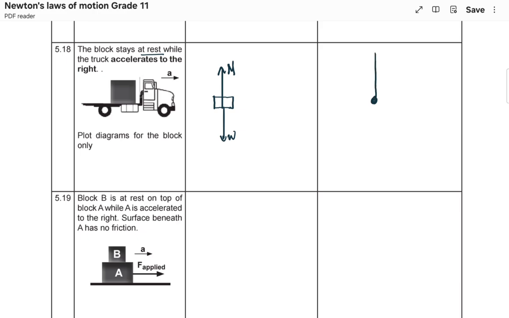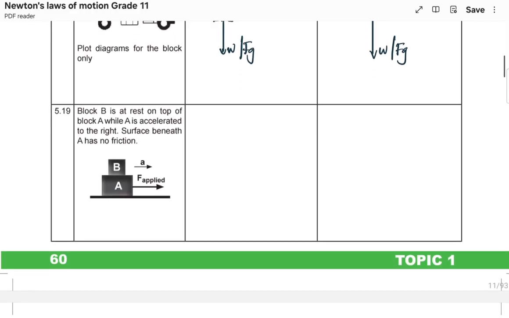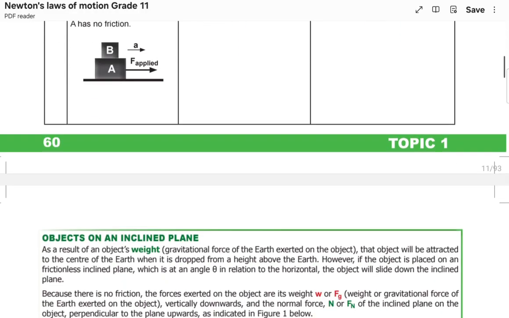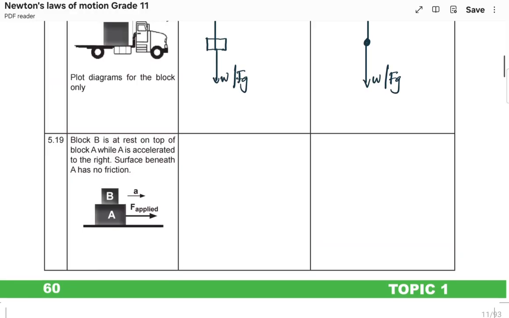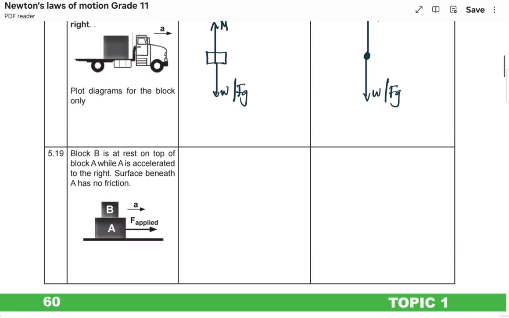Meaning you can have the normal and the gravitational force. To change the language, now this 5.19 is the last one for the day.